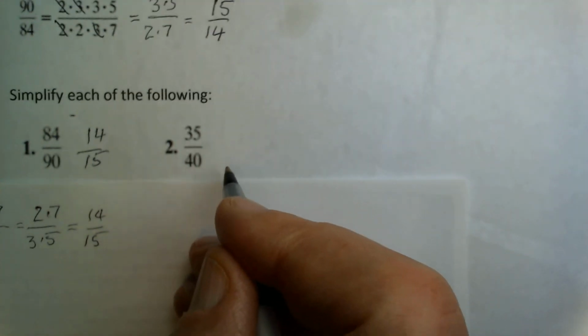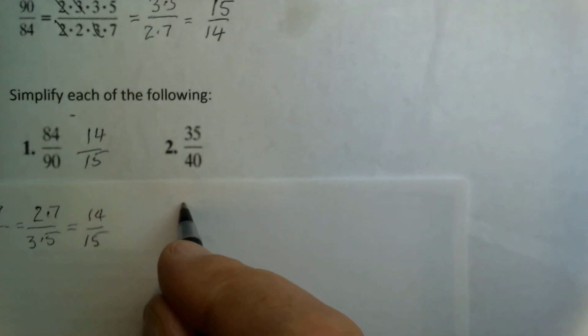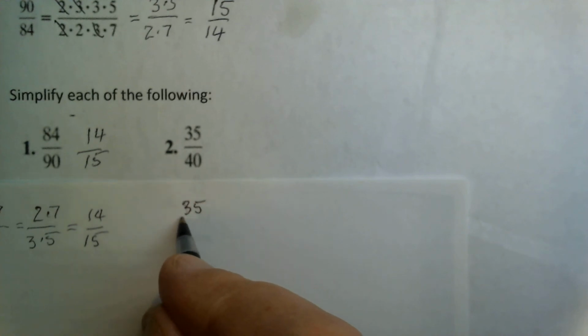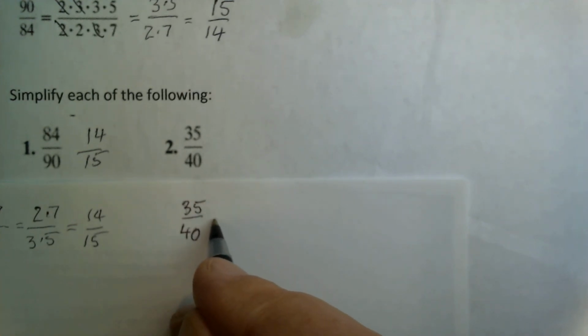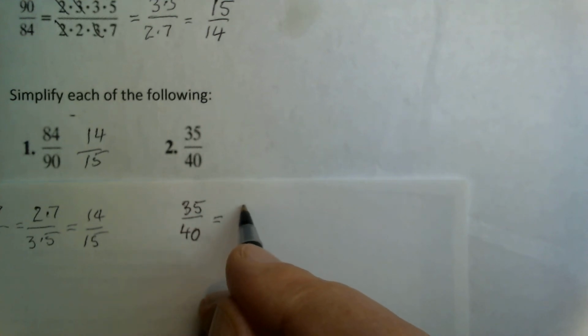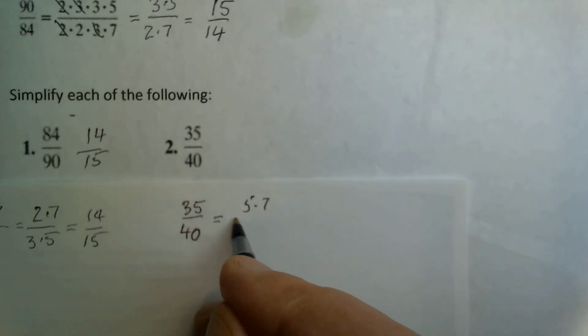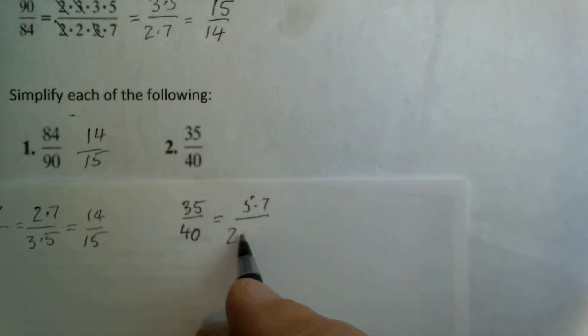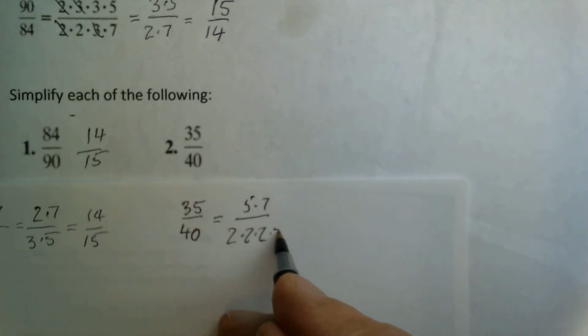Similarly, the prime factorization of 35 divided by 40 is equal to 5 times 7 divided by 2 times 2 times 2 times 5.